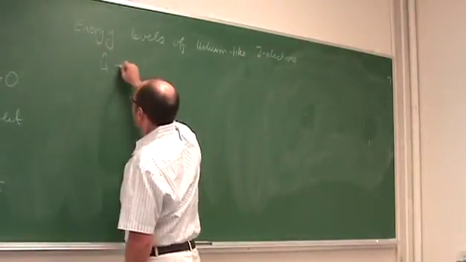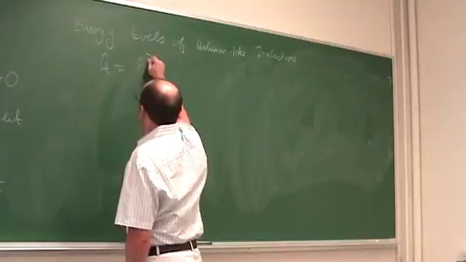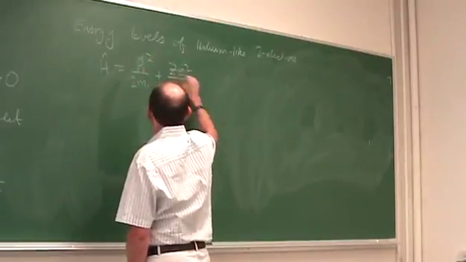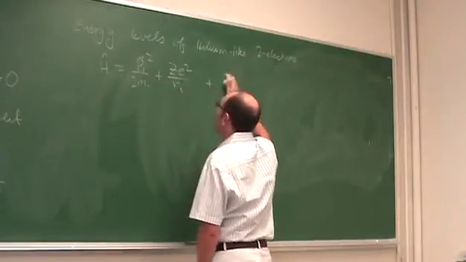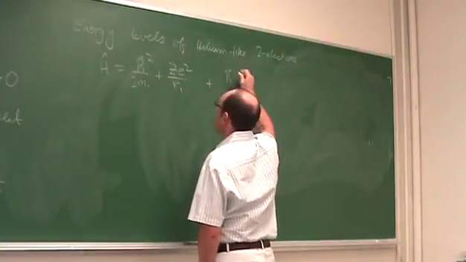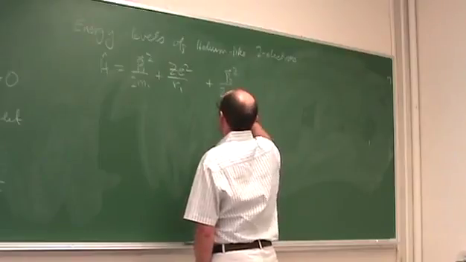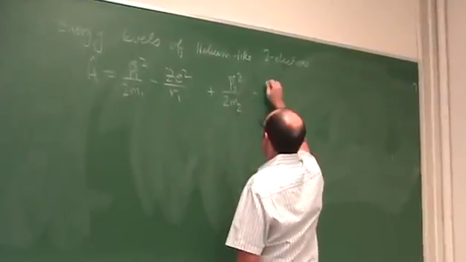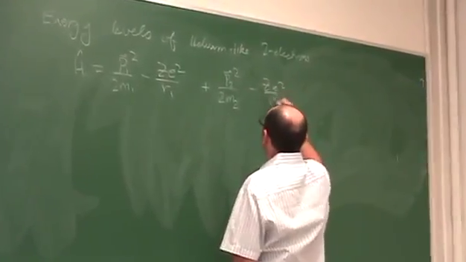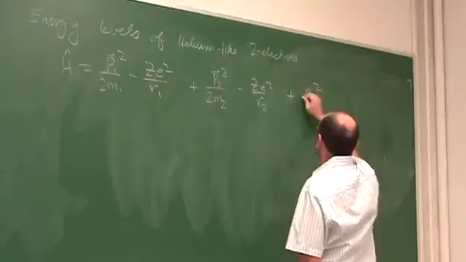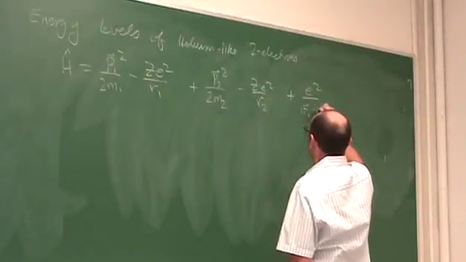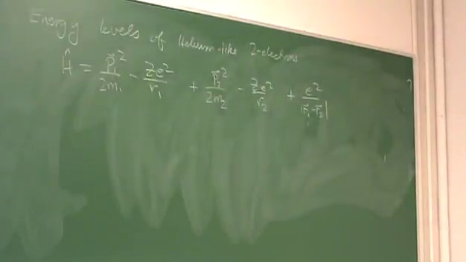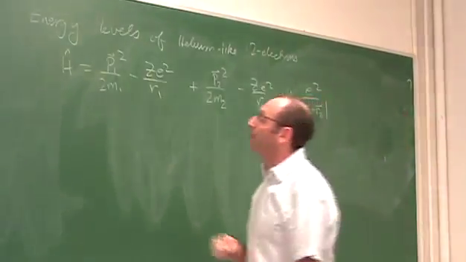Once again, let's write down our Hamiltonian. Now I'm going to write it down in a particular way. What can we notice about this Hamiltonian?